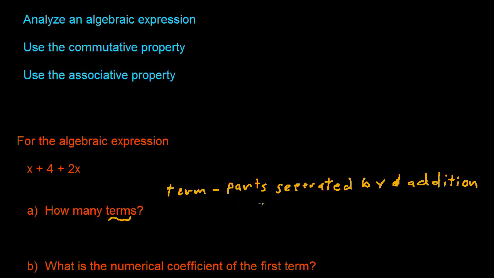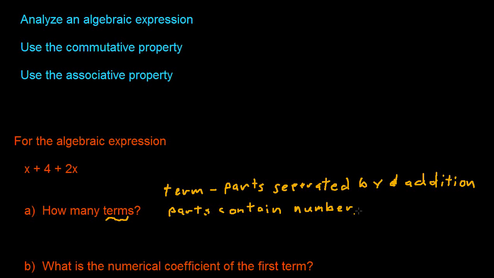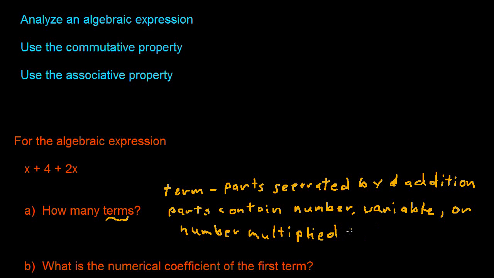And what do each of these parts contain? Well, the parts contain either a single number, and if we look at our expression, there's a term with just a number in it, or it may contain just a variable, and we have a term with just a variable in it, x, or it may contain both a number and a variable, a number multiplied times a variable.